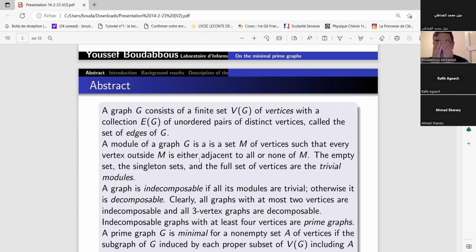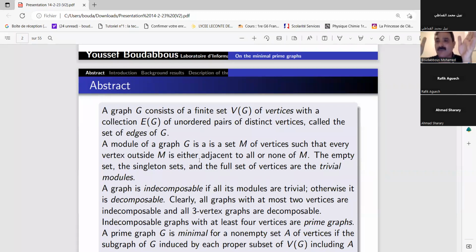I call this notion interval because it generalizes the notion of interval of R. An interval in R with its total order is a set of elements such that any vertex outside either is less than all the elements of this interval or is greater than all the elements of this interval.